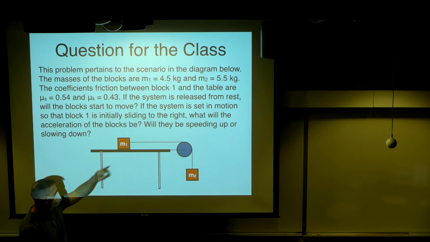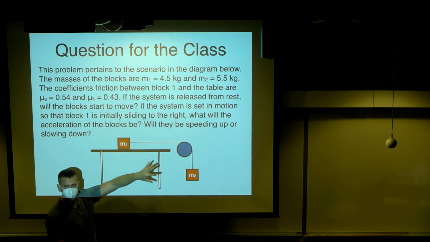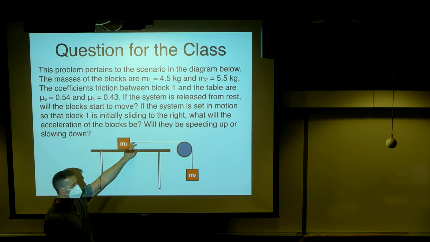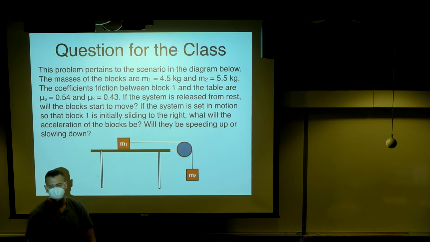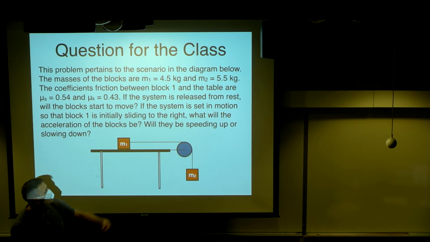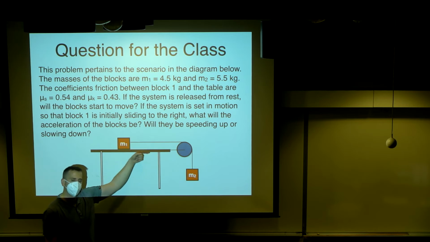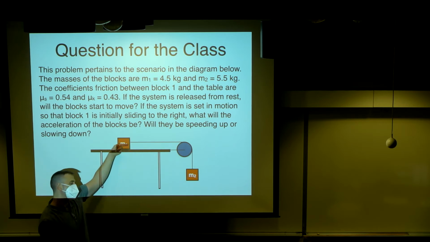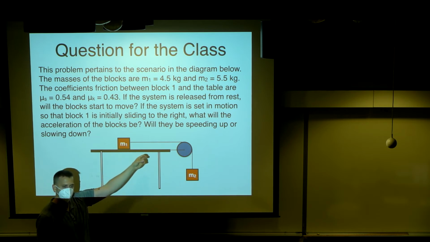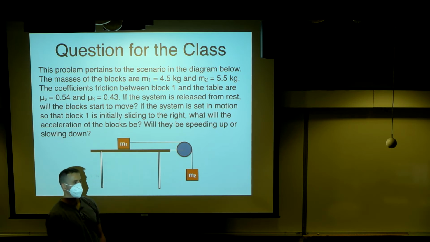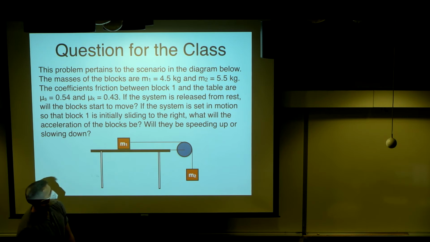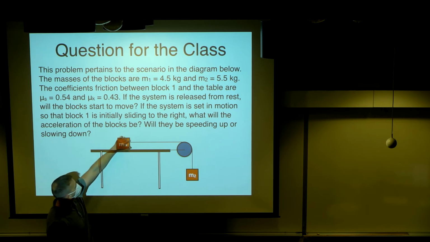Tension. There's a string connecting the two blocks. And which way does the tension go if it's acting on block 1? Goes to the right. Remember this about tension. It acts along the length of your string or cable or whatever the connecting thing is, and it's a pulling force. Okay? So we got the normal force, and then we got the tension.